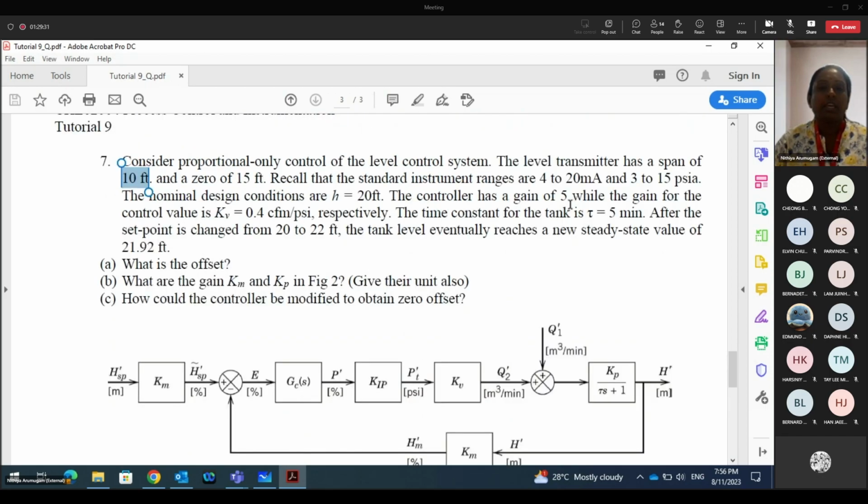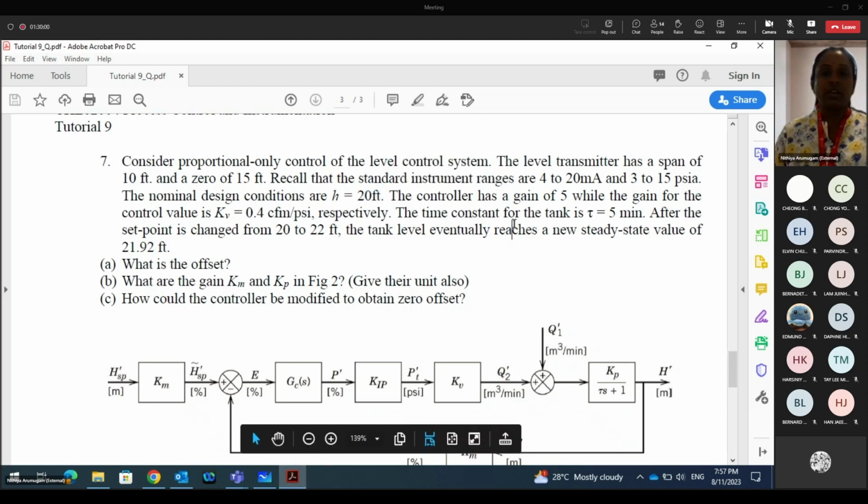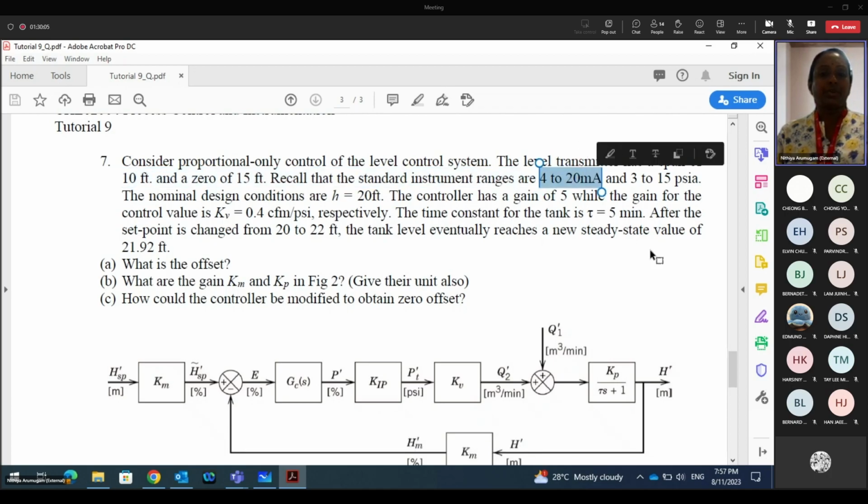Kip, we can calculate from the difference in the pressure from the range given, 3 to 15. So 15 minus 3, and the transmitter range given as 4 to 20.